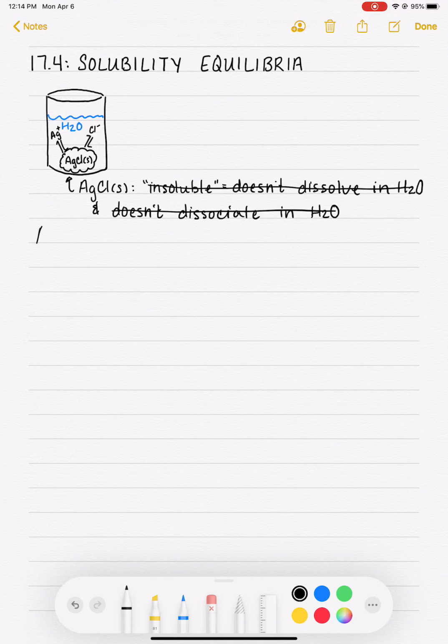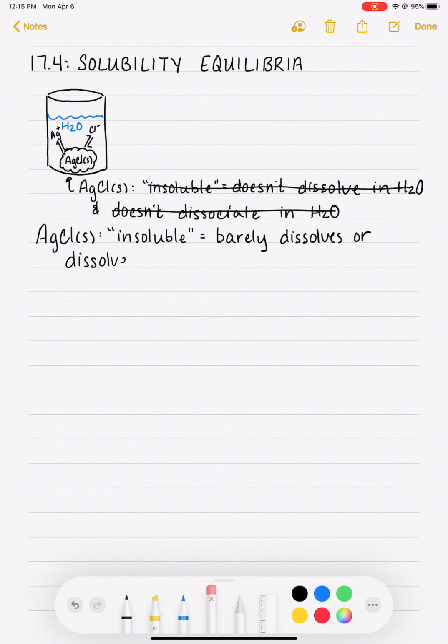So when we say that AgCl solid is insoluble, this means that it barely dissolves or dissociates. Some of it does, but it does not dissolve or dissociate in water.